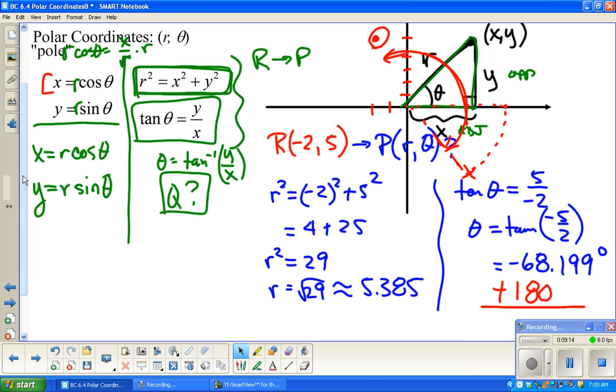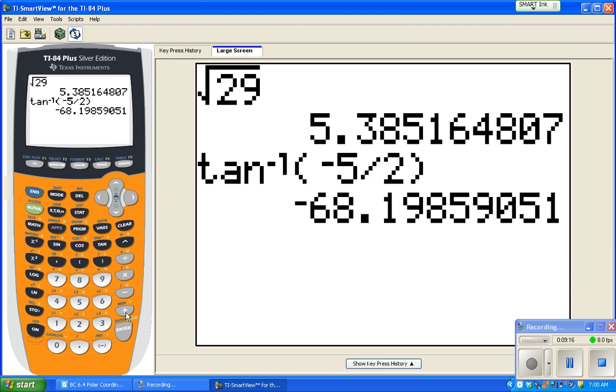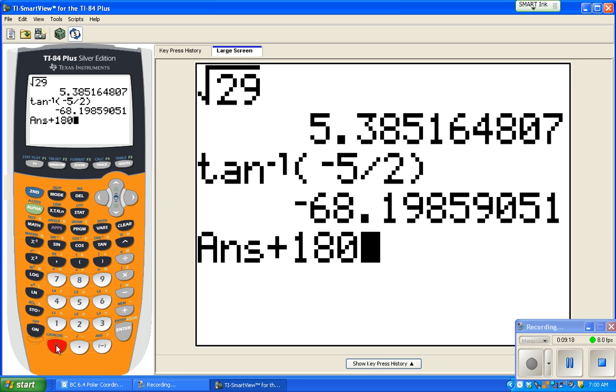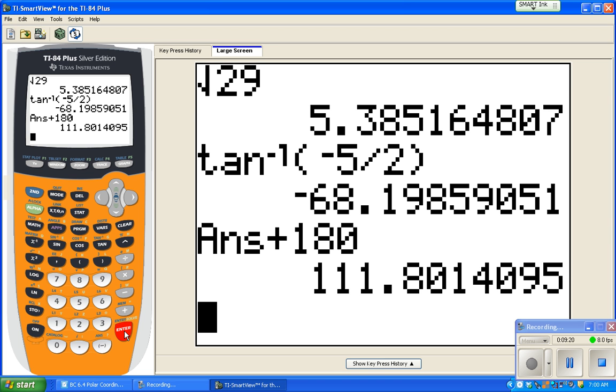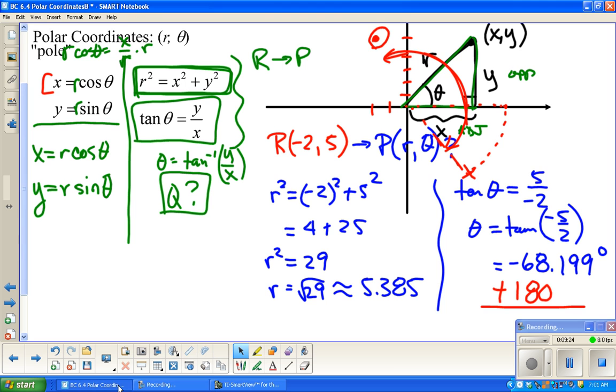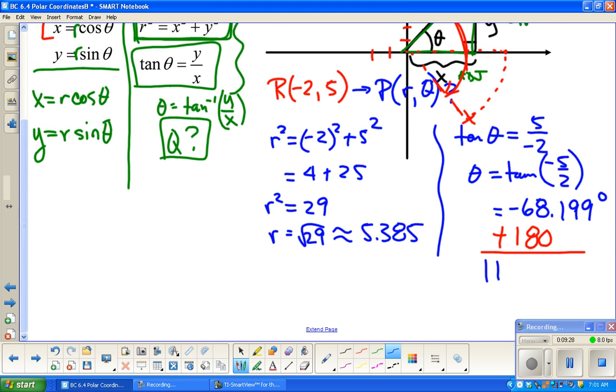So I'm going to pop over to the calculator for a second and just say plus 180. So 111.801. I'm going to call that 111.801.